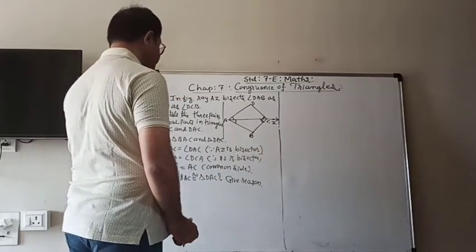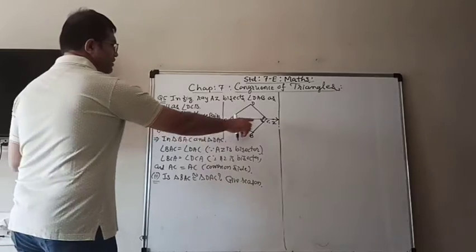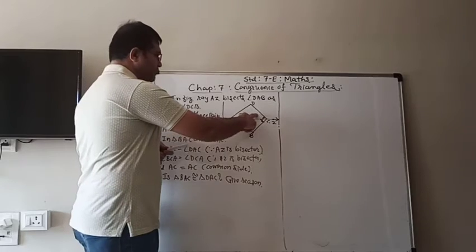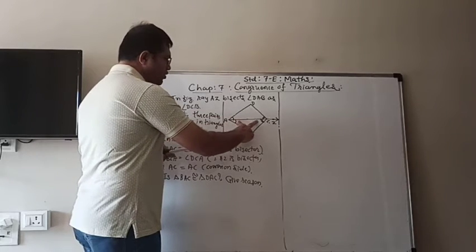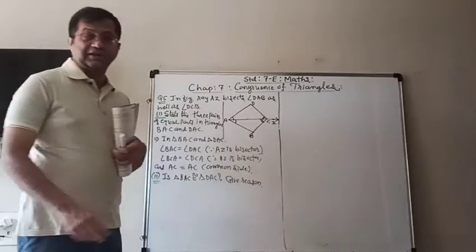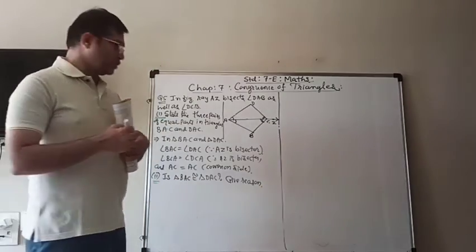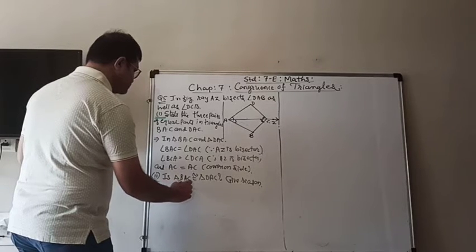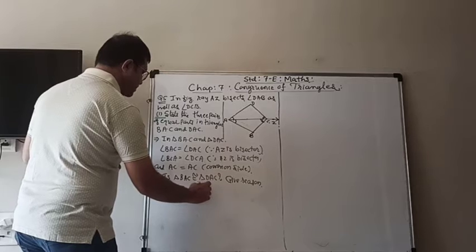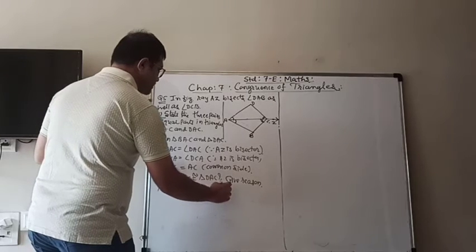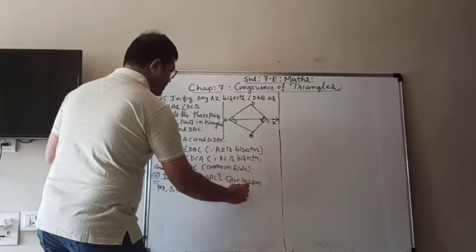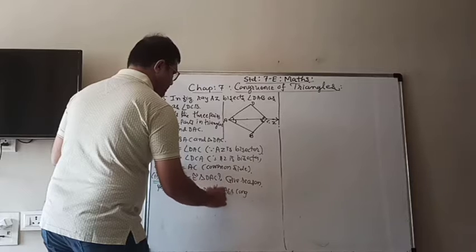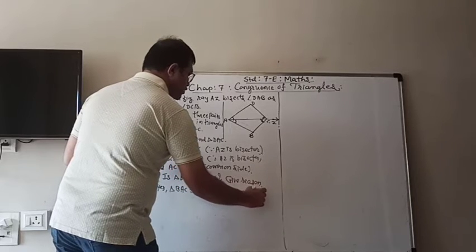Now we know that if we apply the ASA congruence rule, because two angles of one triangle and the included side are congruent to two angles and the included side of the other triangle, therefore they are congruent. So you can write yes, triangle BAC is congruent to triangle DAC by the ASA congruence rule. That is the reason.